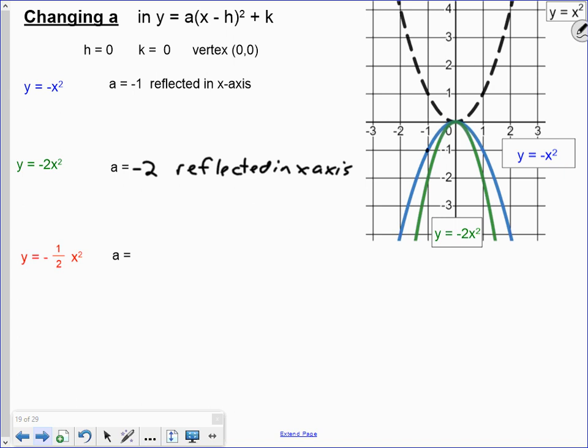We're taking this point and we're moving it twice as far away from the x-axis. So it's a reflection and a stretch by a factor of 2.